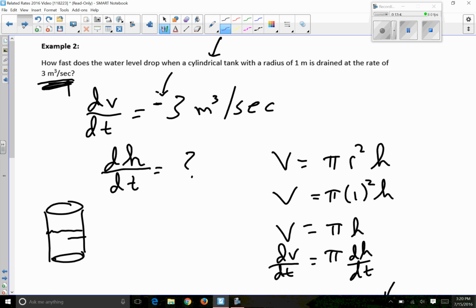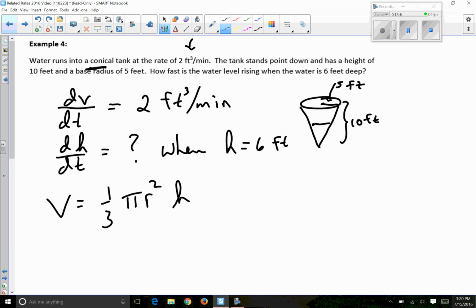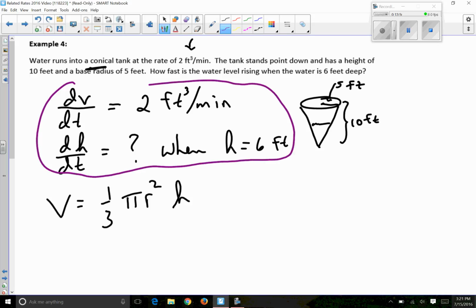What that means is, in this problem, we have 3 variables. We have v and r and h, but we only want v and h. R is not mentioned up here in our previous setup. And the way we eliminate the r, because it's not up here, is with similar triangles.